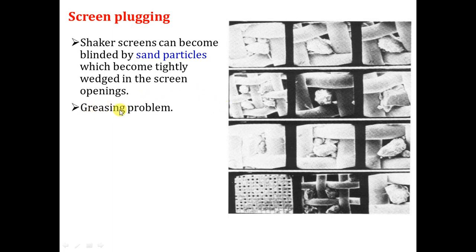Also, number two is the greasing problem. What is meant by the greasing problem? Actually, the greasing problem happens with salt mud with high calcium and a high percentage of lubricant. If you have high calcium and a high percent of lubricant, you are liable to the problem of greasing, and you will see a lot of grease.